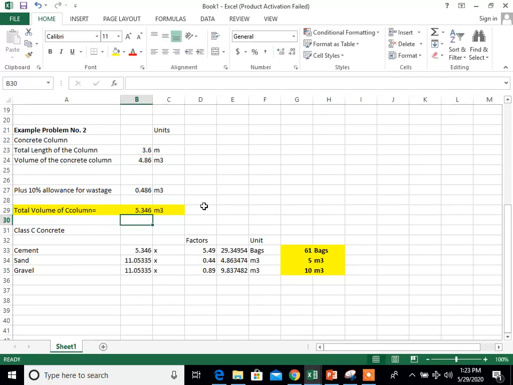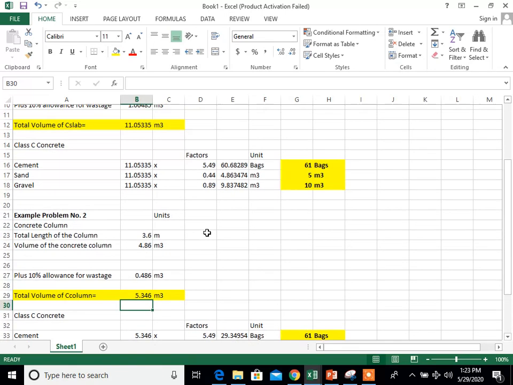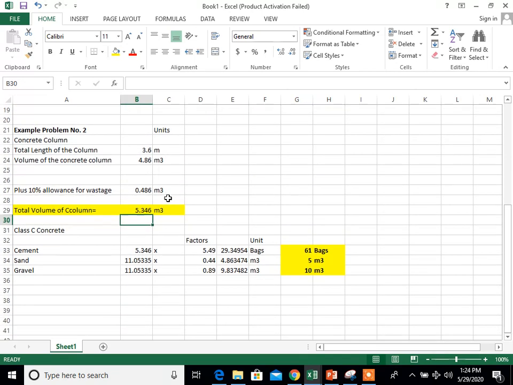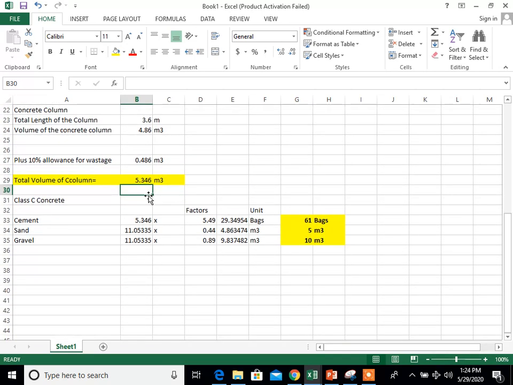The total volume of concrete column is equivalent to 5.346 cubic meters. For the allowance, you can assume 5%, 3%, 10%, 8%, and so on and so forth. It is your discretion.